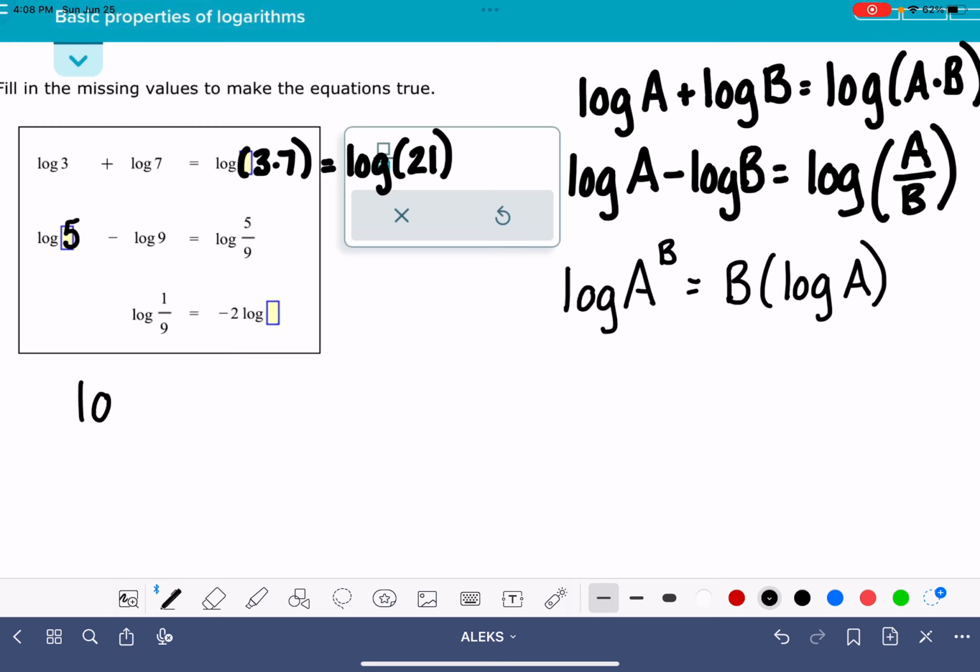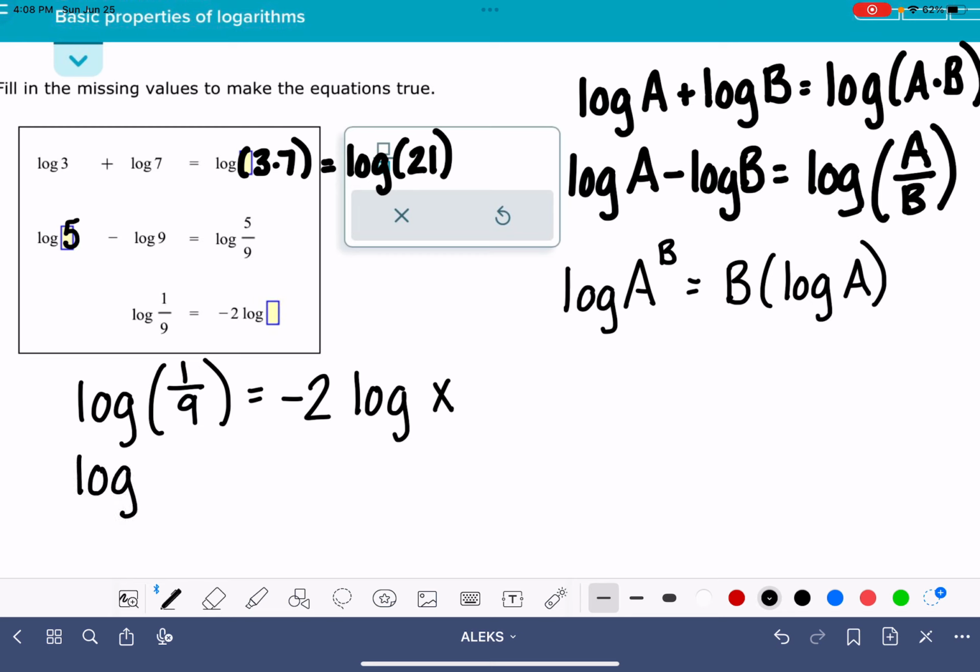So we have the log of 1/9, and that is equal to -2 times the log of, we don't know what it is, I'm just going to say x. And the property that we're using, which I'm going to write directly underneath it, is the log of A to the B is equal to B times the log of A.